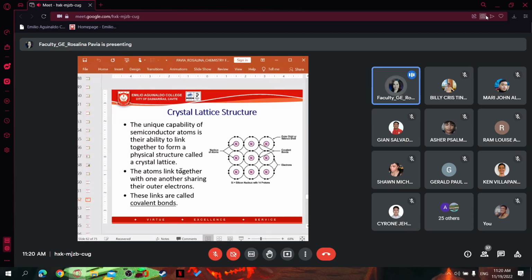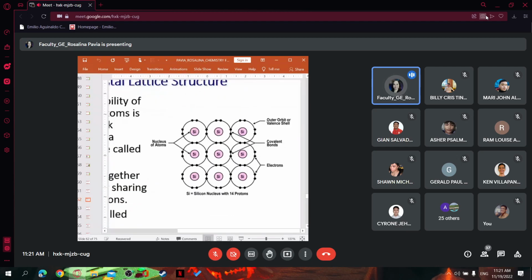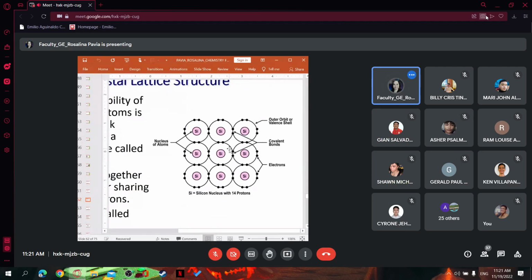So the atoms link together with one another, sharing their outer electrons. As you can see, with regards to the crystal lattice of silicon, the 4 valence electrons of a single silicon atom will be shared with the neighboring silicon atoms so that the octet rule is satisfied.